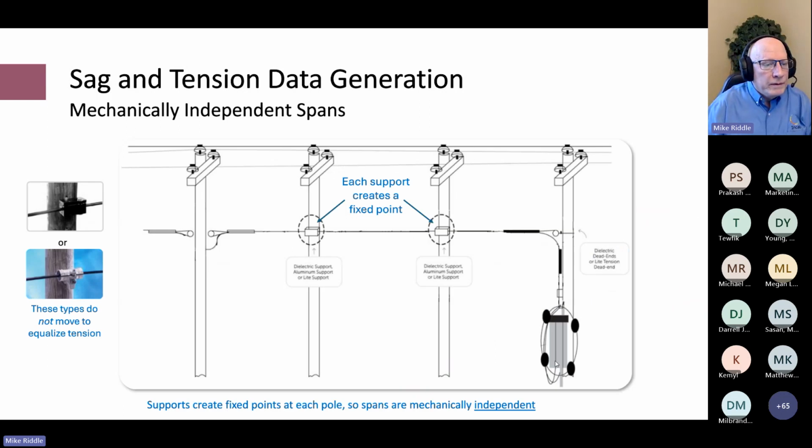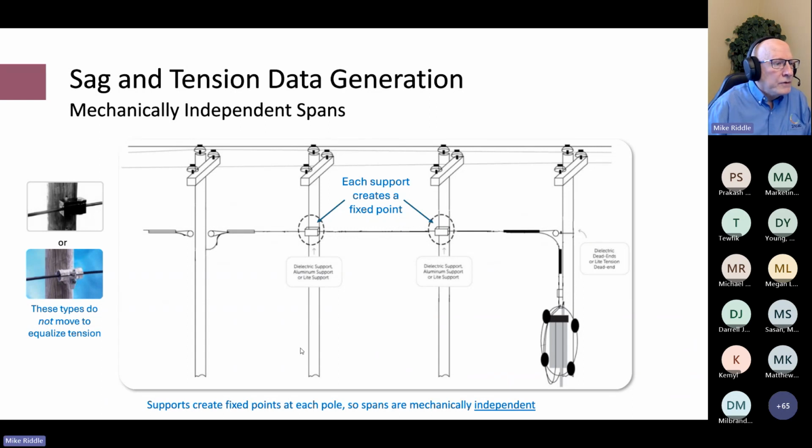So in the moving reel method, you load a reel on the back of a trailer or something, and you go to this structure and you bring it up and you dead end it. Then you drive your truck to this structure and you hoist it up and you put it in this trunnion type support, which would look something like this or this typically.